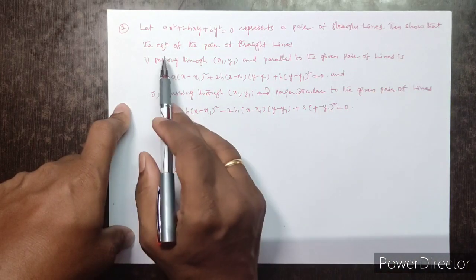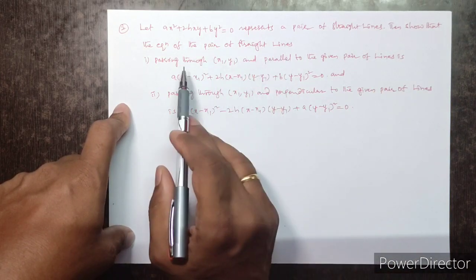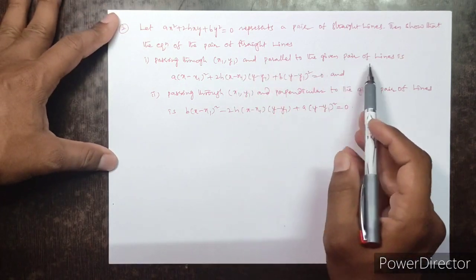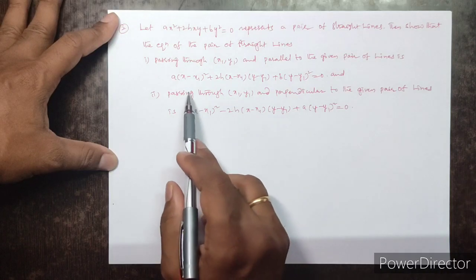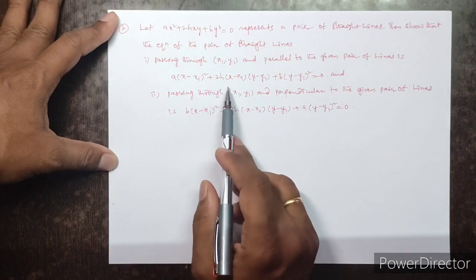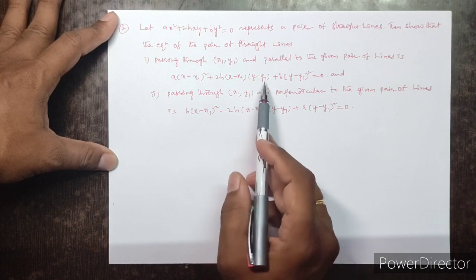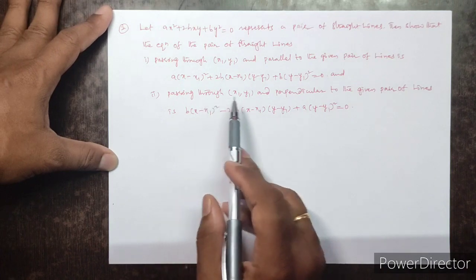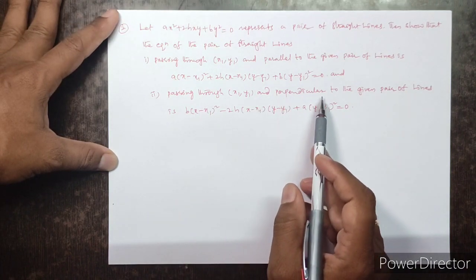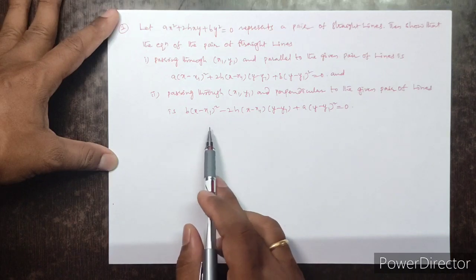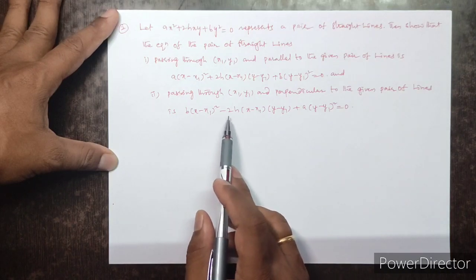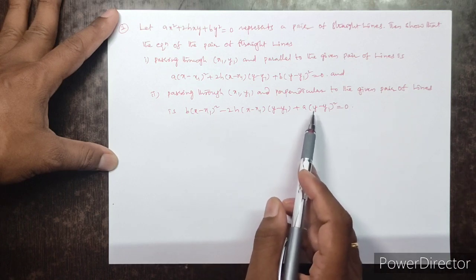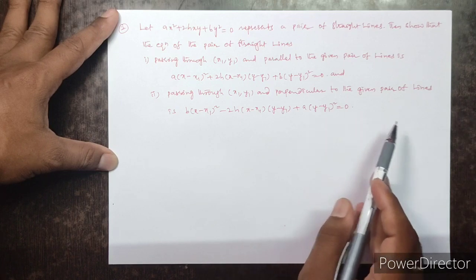Then show that the equation of the pair of straight lines, first one passing through x1 comma y1 and parallel to the given pair of lines, is a of x minus x1 whole square plus 2h of x minus x1 into y minus y1 plus b of y minus y1 whole square equal to 0. And second one, passing through x1 comma y1 and perpendicular to the given pair of lines, is b of x minus x1 whole square minus 2h of x minus x1 into y minus y1 plus a of y minus y1 whole square equal to 0.